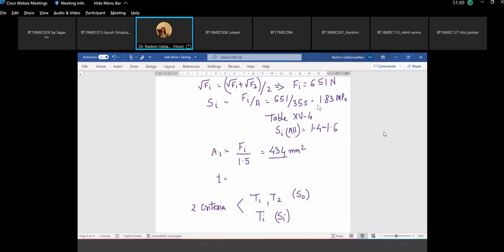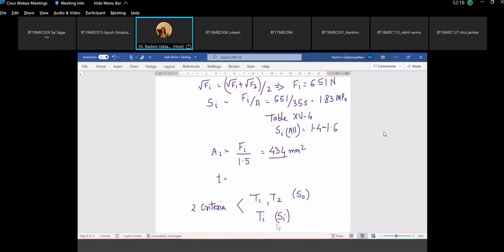With the earlier value of this area, this was safe from its material ultimate strength point of view. So this value of T1, T2 and this area for the material of the belt, this was safe. Although this stress induced due to initial tension, this value is coming out to be much less than the material of the belt, but this might not withstand this amount of initial tension.